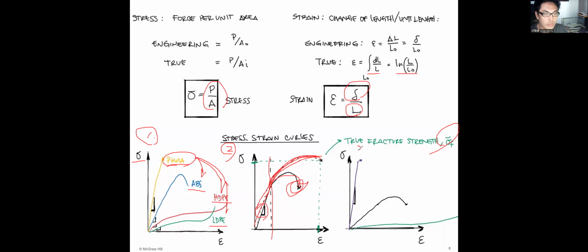Okay, the third figure shows different types of materials under the tensile test. Suppose we have material A, material B, and material C. Can you tell what is the most possible material for curve A, for curve B, and so on for curve C?